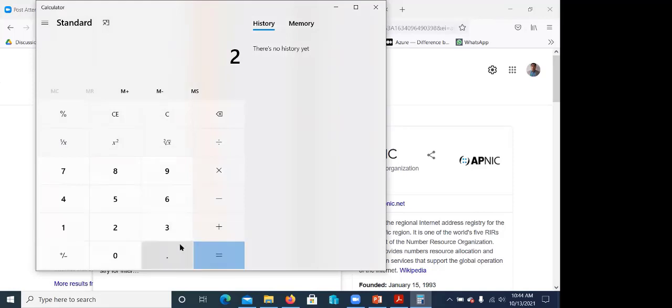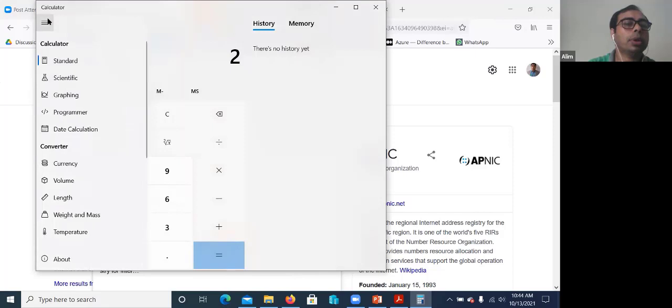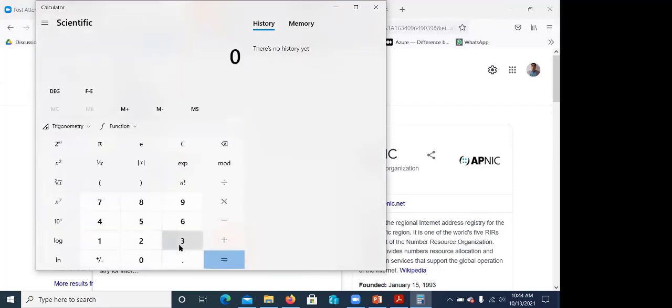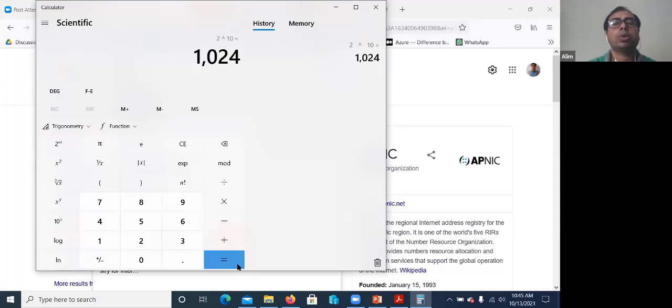It's 250. I need a scientific calculator. Do you have one? Oh, maybe it will work. Okay, got it. 10. Okay, how many? 1024.